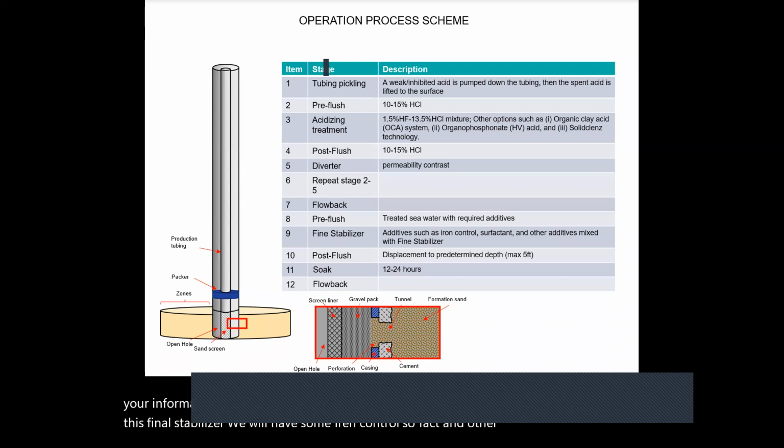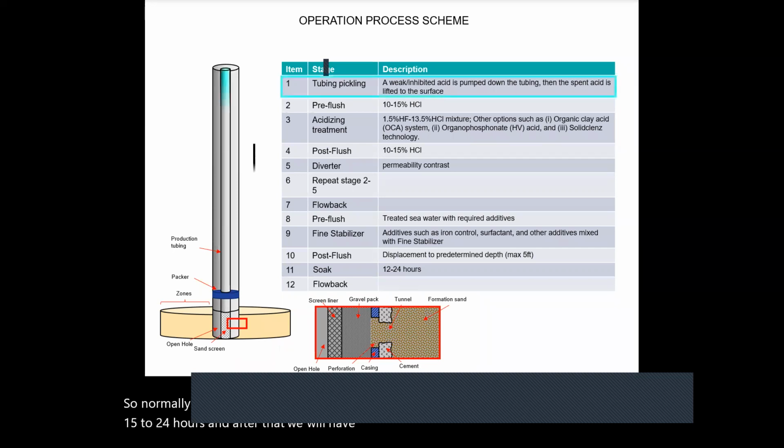We have done all the compatibility tests with this fine stabilizer. After that, we will have a post flush to a predetermined depth. Normally, the critical matrix depth is about 5 feet. So we inject this, and then soak it for 15 to 24 hours, and after that we have a flowback.